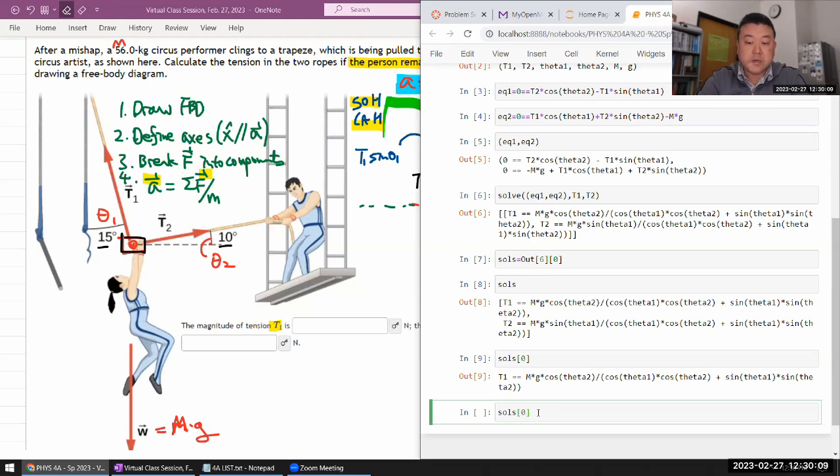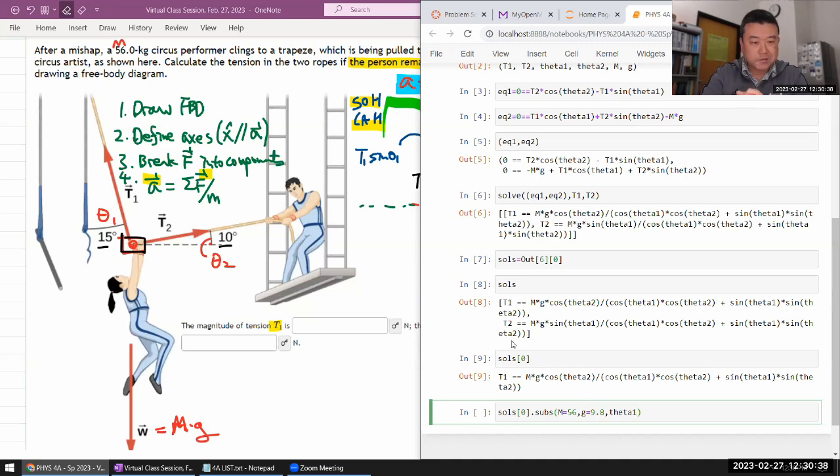So I'm going to use something called the substitution syntax. We are substituting M equal to 56 kilograms and g equal to 9.8 meters per second squared. I'm making sure I plug everything in basic SI units so that my answer will be in basic SI units. I need theta 1.